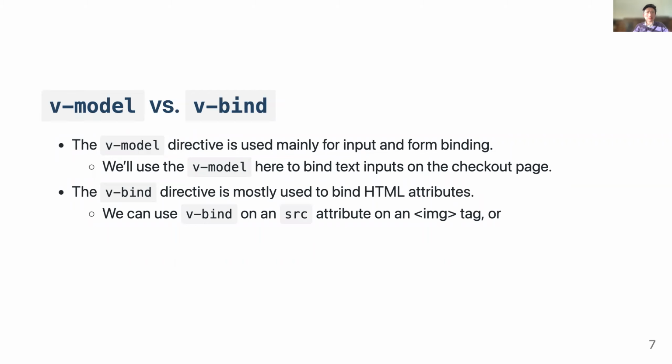Okay, and another example we did before is that we can change the source attribute of the image tag, give it different values, and you can load different pictures, essentially changing the pictures in the app. And also another example is you can use v-bind to change the class attribute of an element, for example, a div.